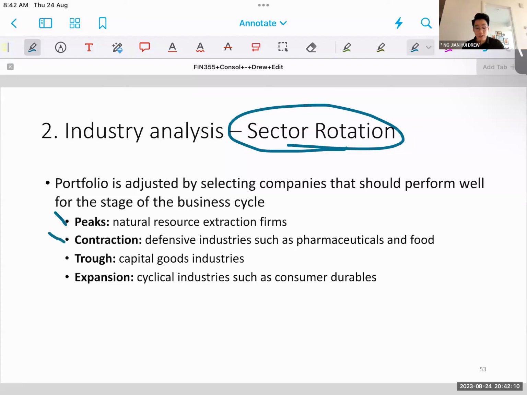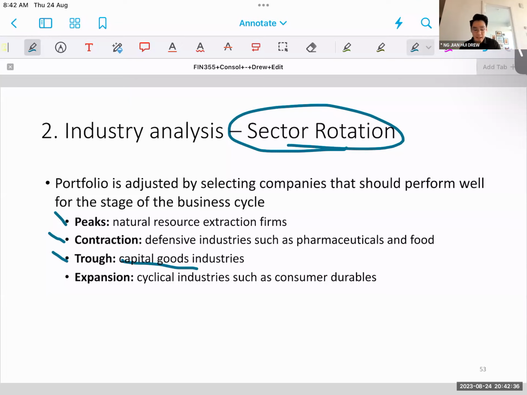When we are in a contraction stage, we should invest more in pharmaceutical, supermarket, more defensive industries. Whereas in the trough, we are investing in capital goods, very old industries like steel manufacturing, maybe automobile manufacturing, things that will be there and there will be demand for it.